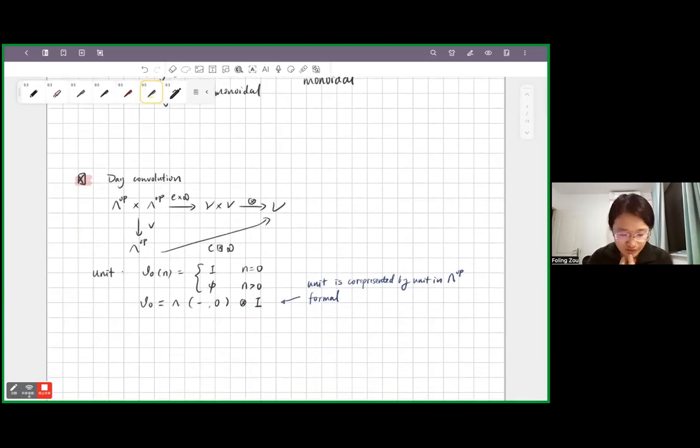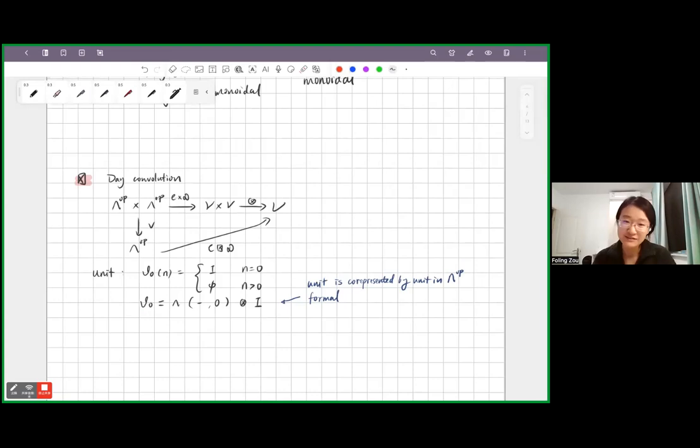But what is the Day convolution? Let me just give a quick definition. Here, if I have two contravariant functors C and D, I can do the external tensor product of C and D, and then using the symmetric monoidal structure on lambda op, I can do left Kan extension, and that is going to be the Day convolution of C and D. The unit for this Day convolution is I0.